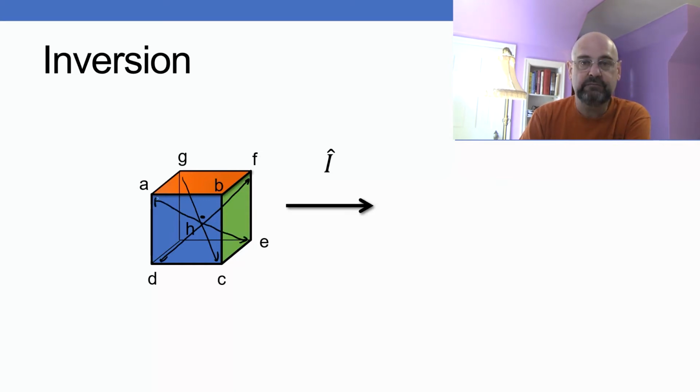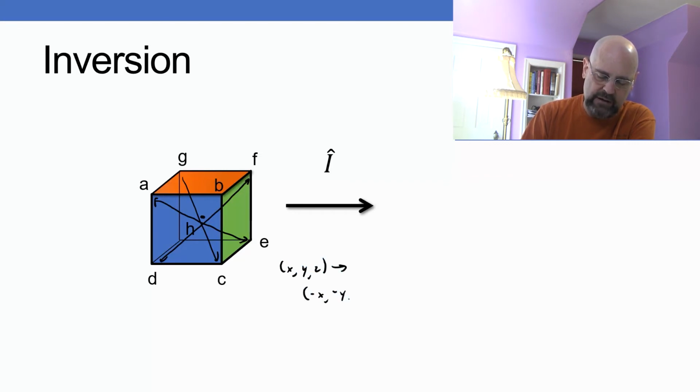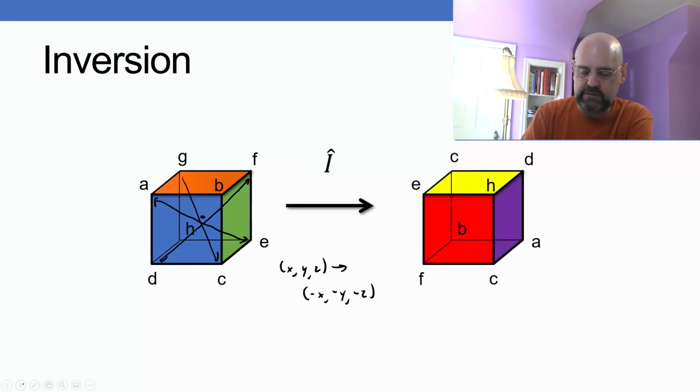You get the idea. Again, it's going to take every point x, y, z to minus x, minus y, minus z. And it looks a little bit like this, just drawing out what this looks like in space.